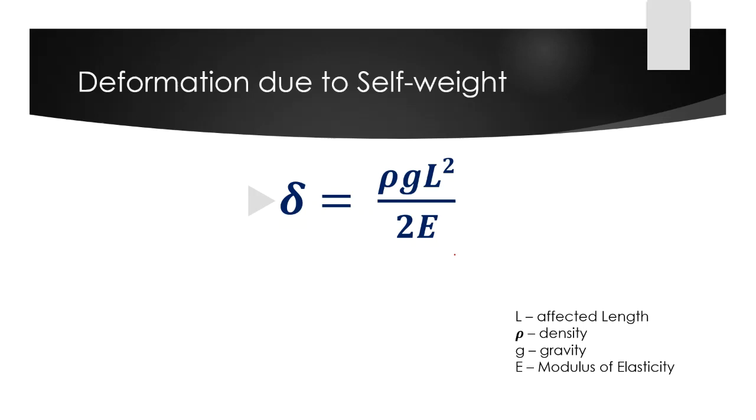We also have deformation due to self-weight. Deformation is equivalent to rho times g, or gravity, times length squared over 2E. L is the affected length, rho is density, g is gravity, E is modulus of elasticity.